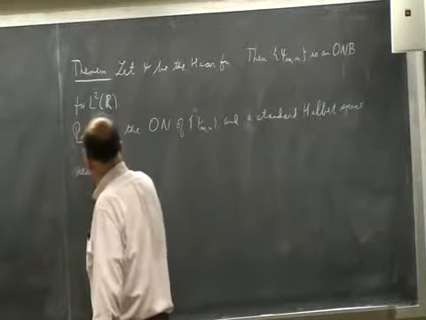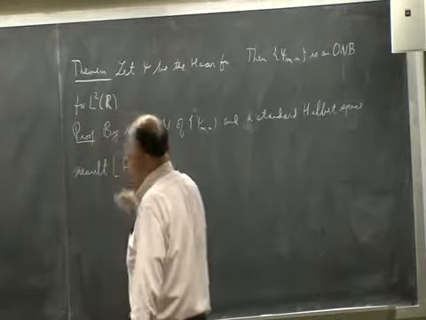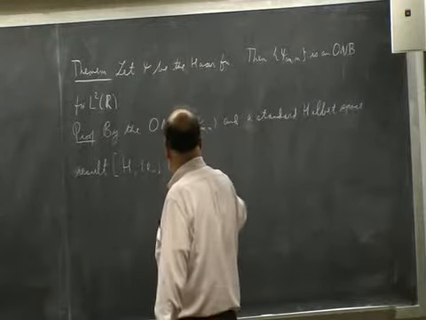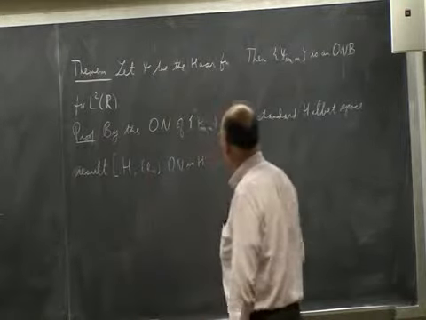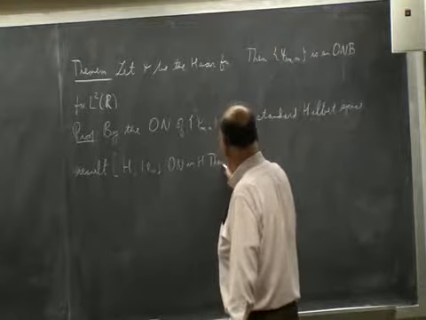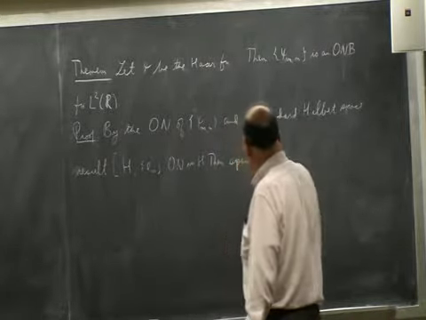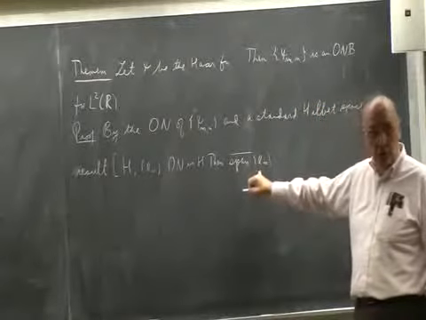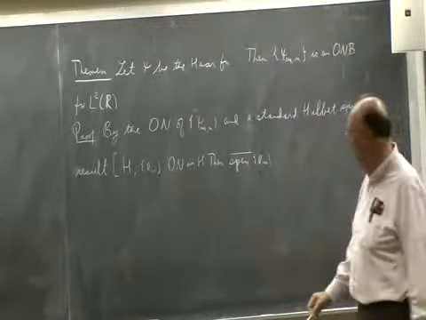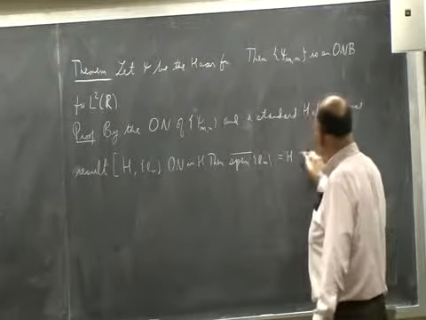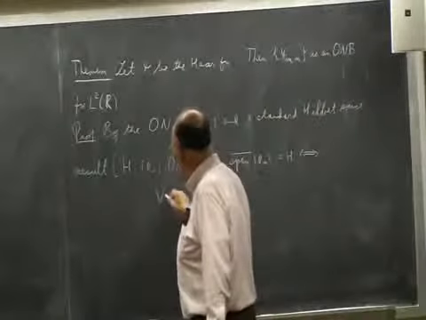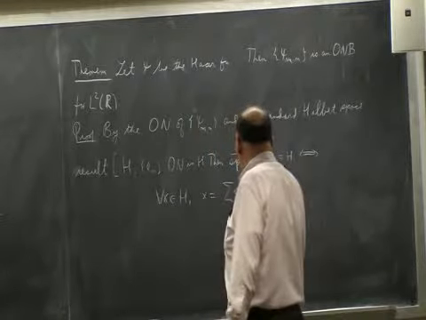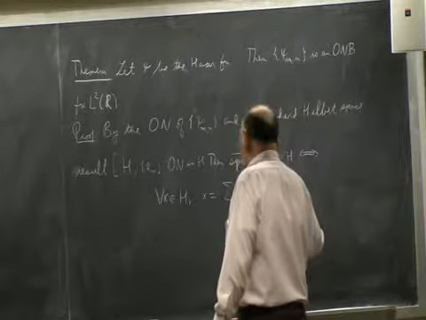And that result is the following. We have a Hilbert space H, and we have e n orthonormal in H. Then the closed linear span of the e n, I take the span, finite linear combinations, and I close it up, is equal to H if and only if for all x in H, x is equal to the sum of x, e n times e n.